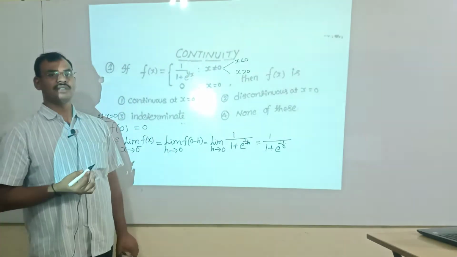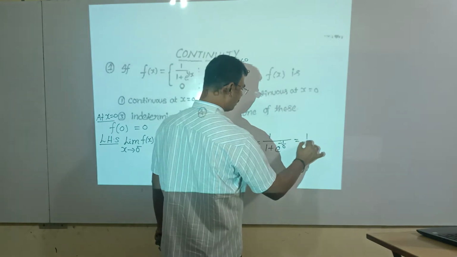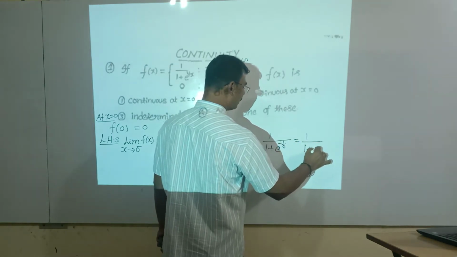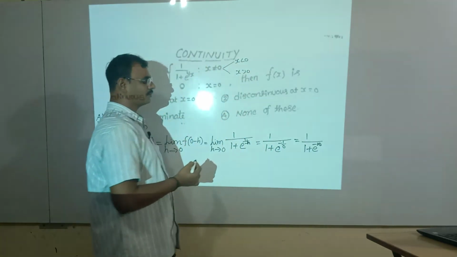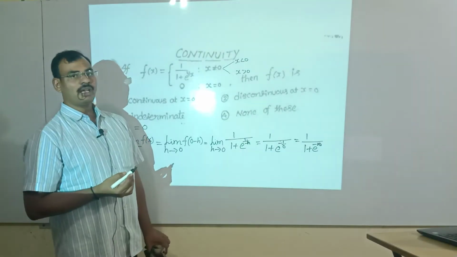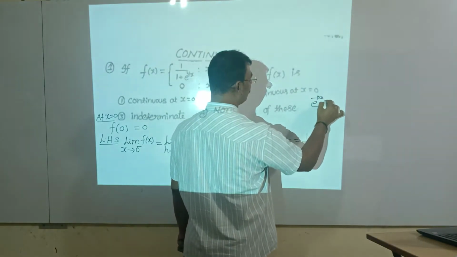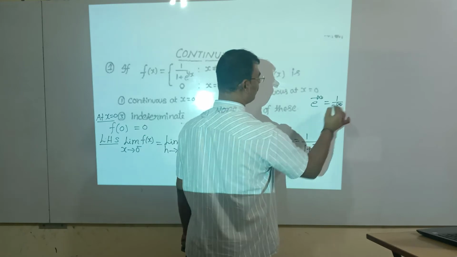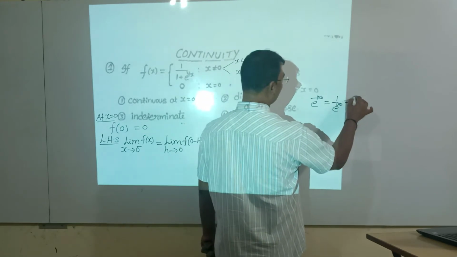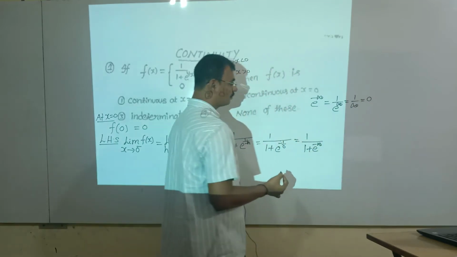1 upon 0 is infinity, so we get 1 upon 1 plus e raised to minus infinity. You know very well the value of e raised to minus infinity. e raised to minus infinity is nothing but 1 upon e raised to infinity, which is 1 upon infinity, and 1 upon infinity is 0.